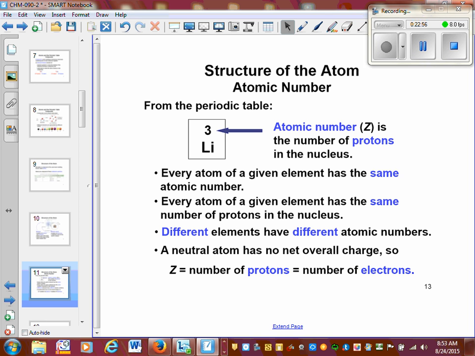If I have 2 protons, how many electrons do I need? 2. So the number of protons always has to equal the number of electrons in a neutral atom. So sodium has 11 protons, how many electrons? 11. So that's simple.